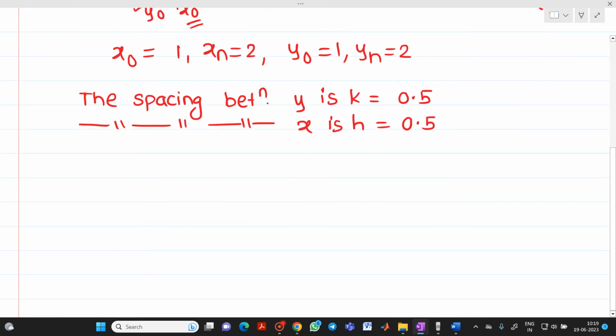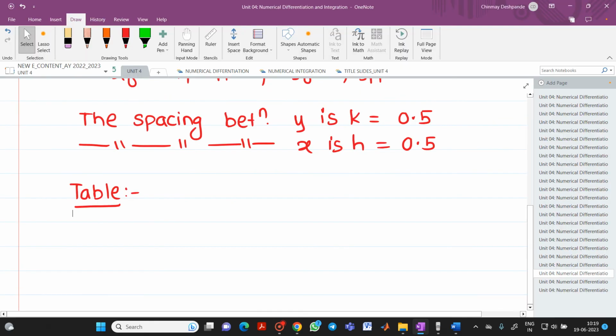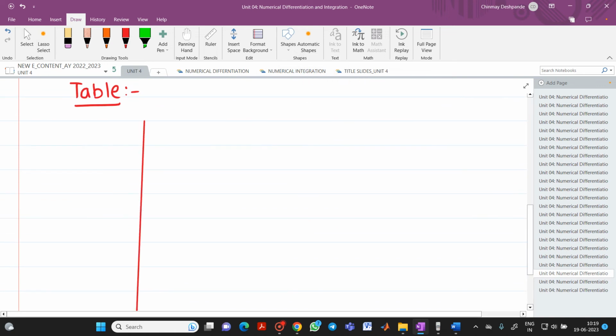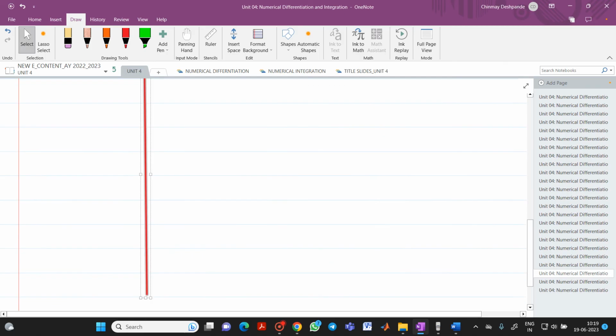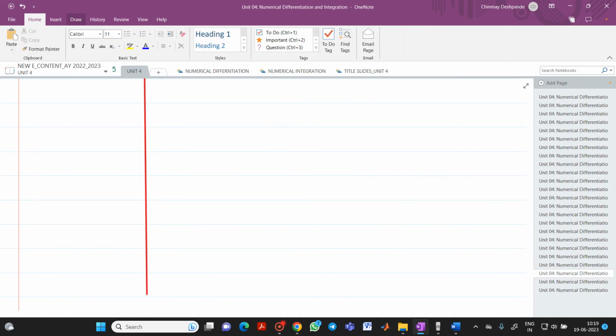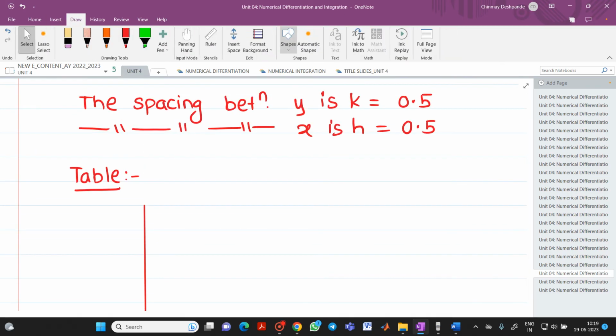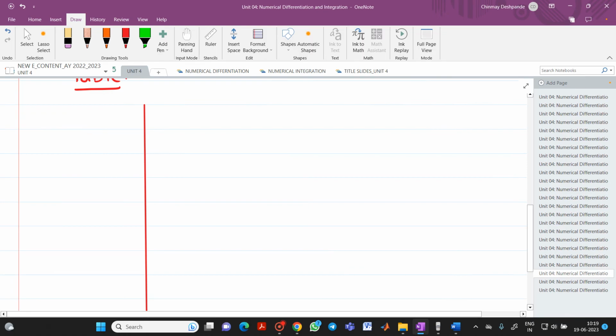So let me create a table so that we can apply the formula of the trapezoidal rule. Now let's see, I will again take a row. So this will be your first line. Let me draw this first and then we will solve.